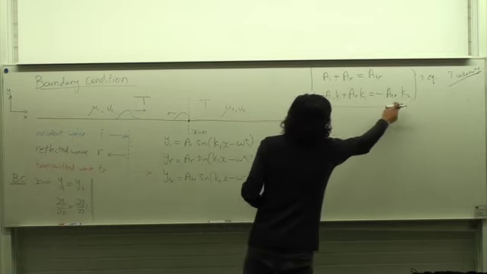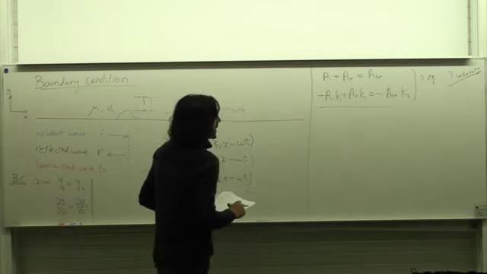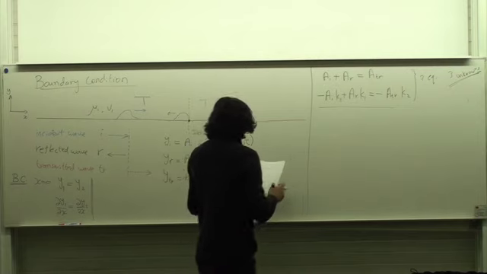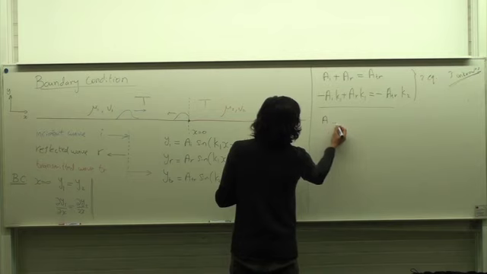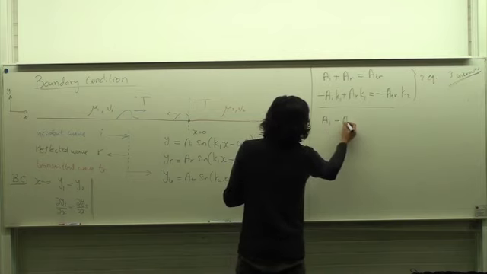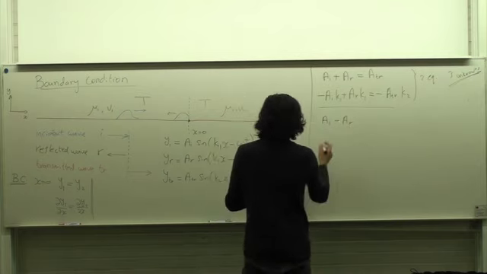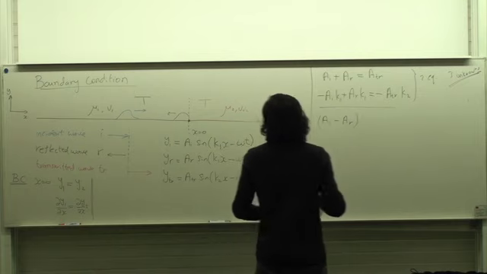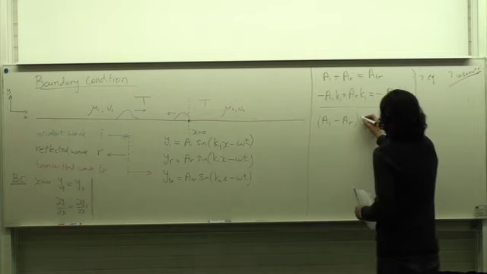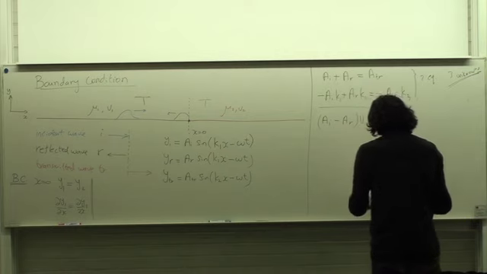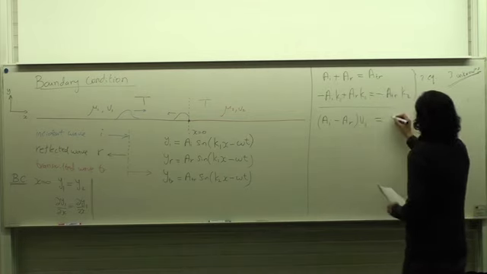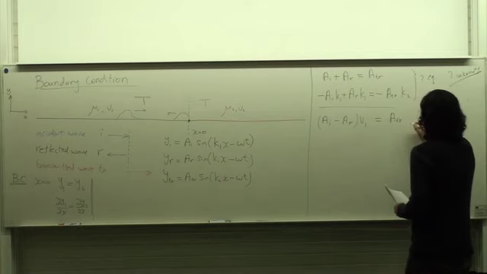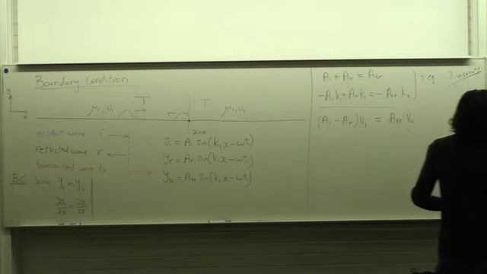Using k1 and k2 now, we can write the following: A_I minus A_R times the velocity V1 equals A_TR times V2. Okay.